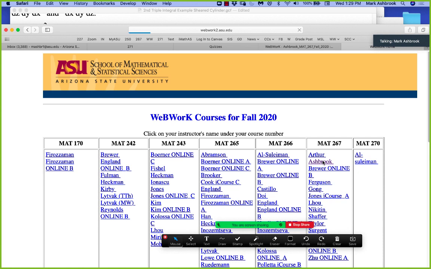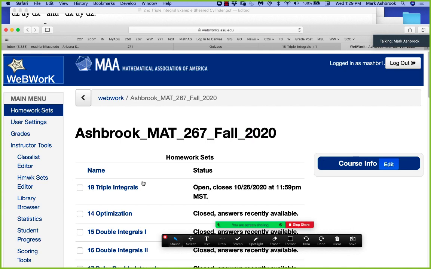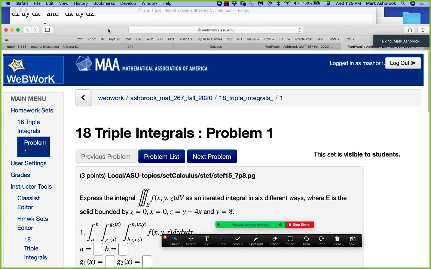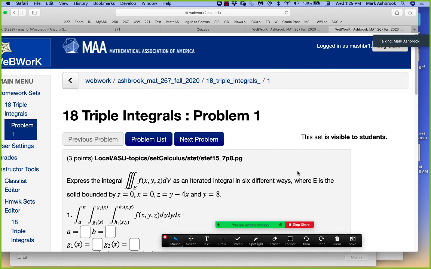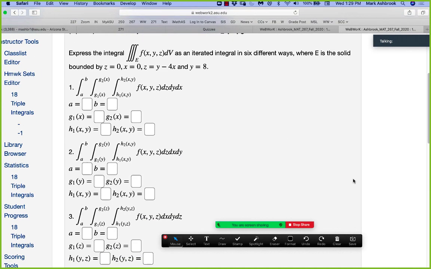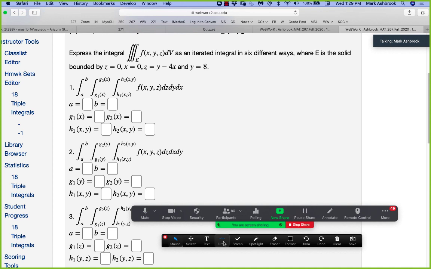It takes at least a little bit of ability here to sketch surfaces and come up with the solids. I think problem 1 is a good one to talk about and practice together here. So your numbers might be a little different, but it's going to be the same general idea. So my solid is bounded by z equals 0, x equals 0, this plane, and y equals 8.